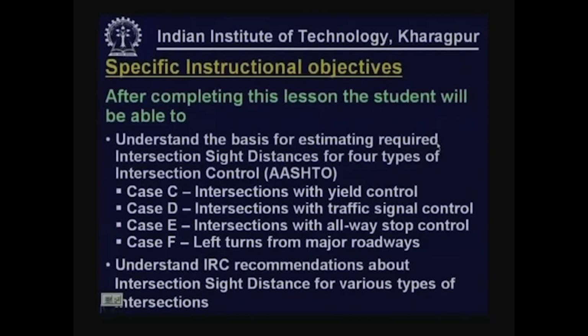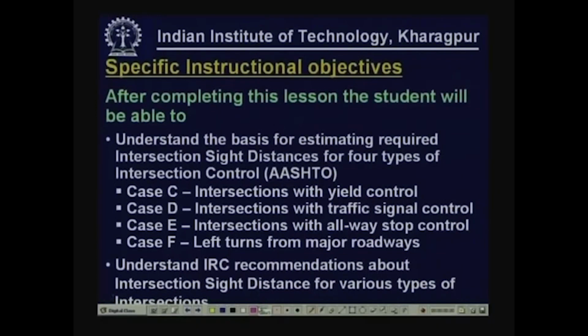In today's lecture, after completing this lesson, the student will be able to understand the basis for estimating required intersection side distance for four types of intersection control considered by AASHTO, like case C, case D, case E and case F. We have already discussed case A and case B. So, today we shall take up case C, intersections with yield control, case D, intersections with traffic signal control, case E, intersections with all way stop control, and case F, left turns from minor roadways.